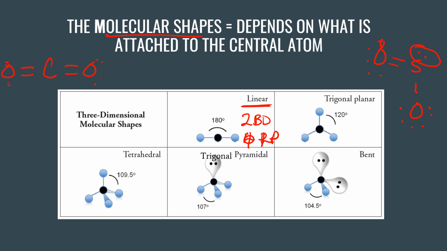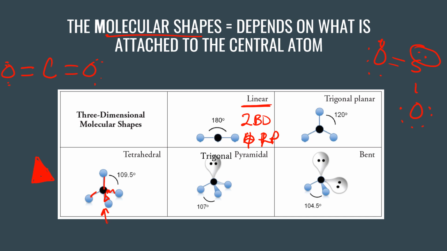Tetrahedral is 109.5 degrees, and these are all four bonding domains. This shaded triangle going towards this atom is shaded that way because you're trying to draw a 3D structure, and that indicates that atom is coming towards the viewer.